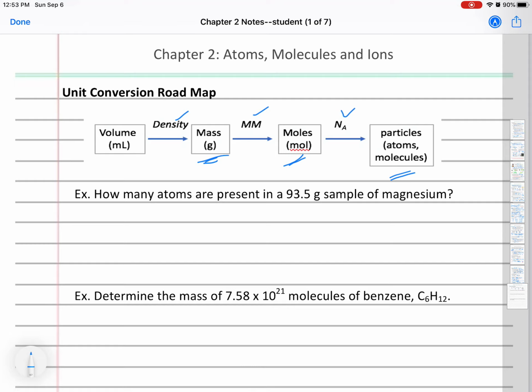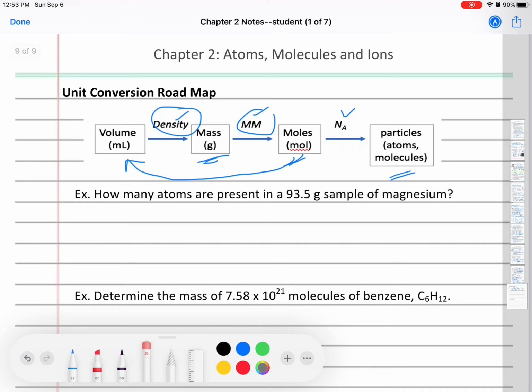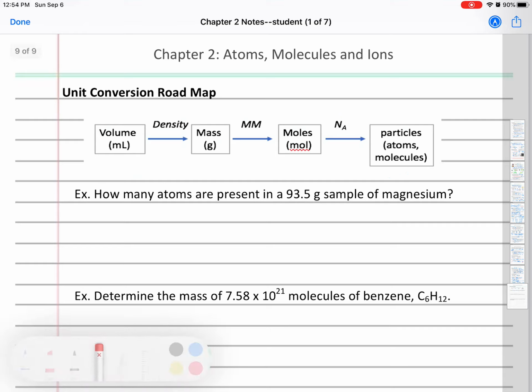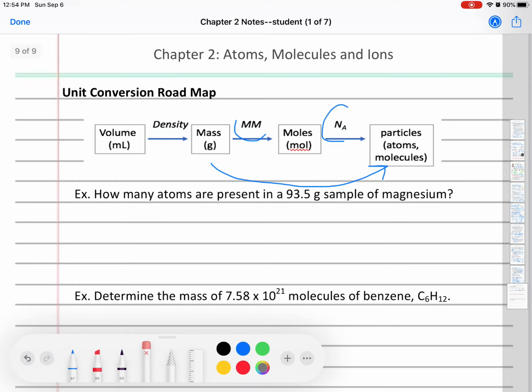I call this the unit conversion roadmap. It kind of is a visual model. If you have moles, but you're asked for volume, that means you're going to need to use the molar mass and the density as conversion factors to do that. Or if you're given the mass of something and it asks you how many particles you have, it'll be 2 steps using the molar mass and Avogadro's number.